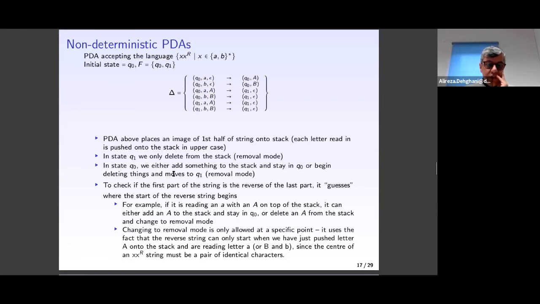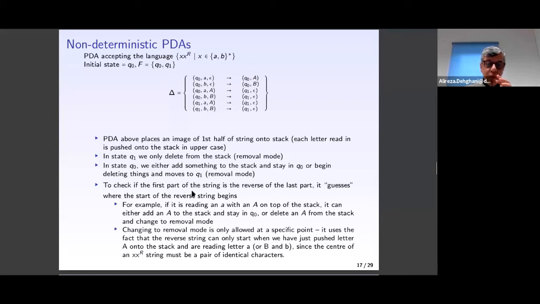In state Q0, we either add something to the stack and stay in Q0, or begin deleting things and move to state Q1. So three things happen in state Q0. We can sometimes add something to the stack like these two guys. We can sometimes stay in Q0, we don't change the situation, or we can start to delete things and move to Q1.